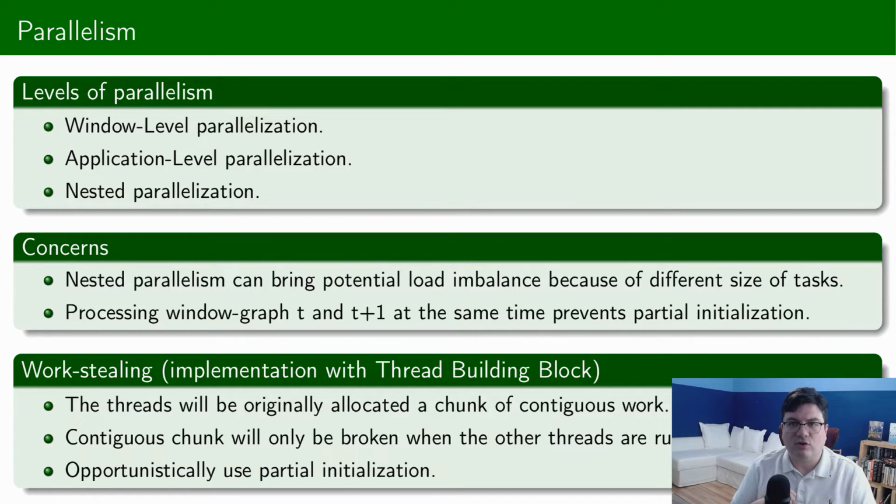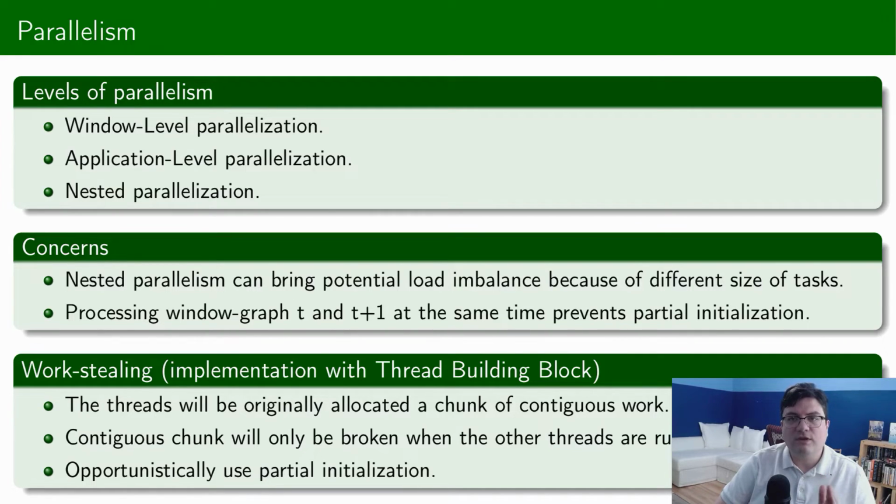One needs to pay attention to load balance in such a situation, since 100 vertices worth of computation in the first window graph can represent a vastly different amount of computation as 100 vertices in the last one. Processing 2 consecutive window graphs simultaneously prevents partial initialization, which is a significant runtime improvement.